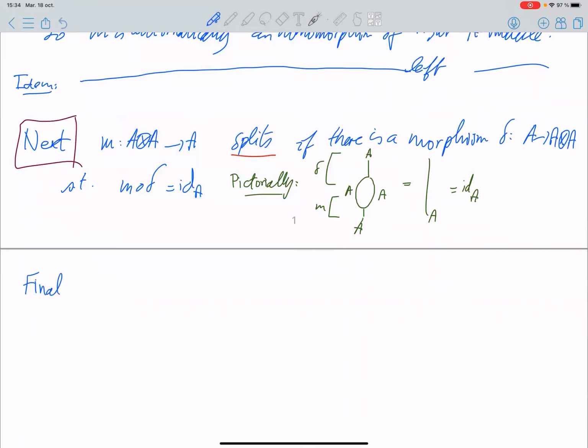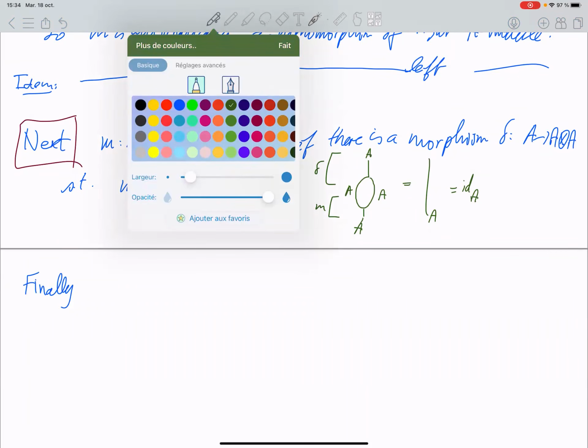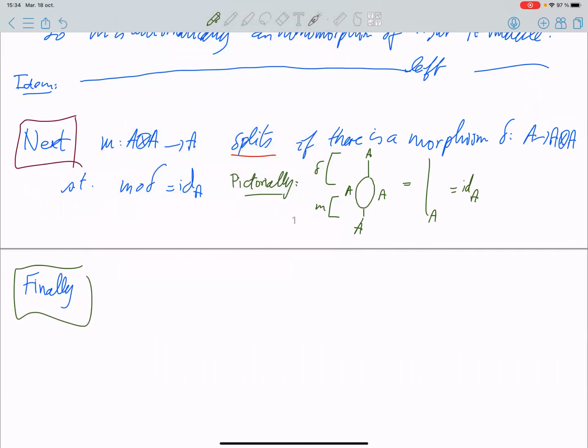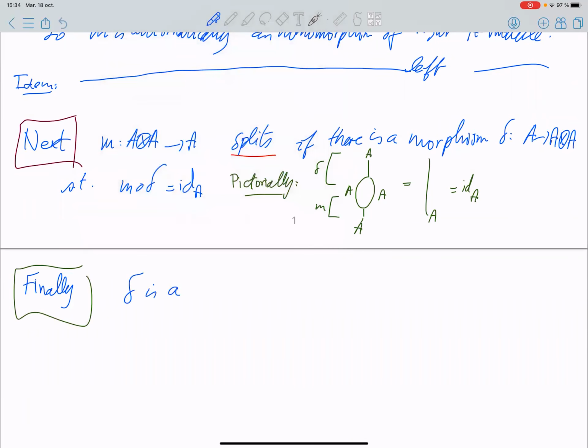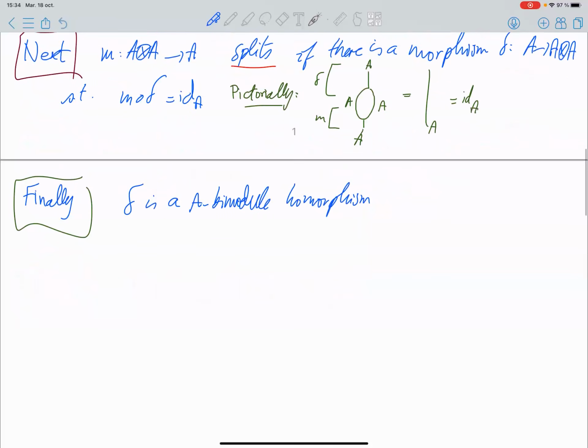So finally, delta is a bimodule homomorphism. And you will see a nice diagram also for it. So what is the meaning? It should be a right and left A module homomorphism.